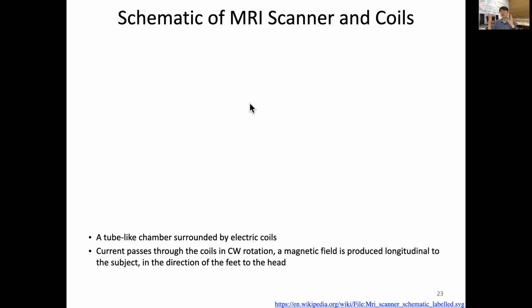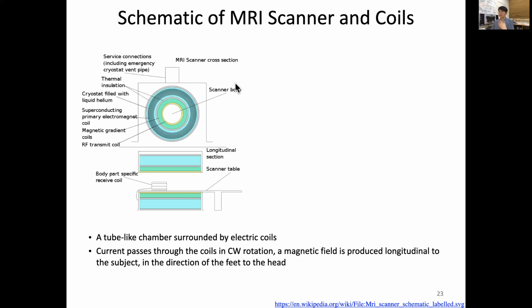For that, we need an RF coil. So I put here an MRI scanner and coil schematic. It's a little busy, but later you can come back and look at each of these. There's a scanner bore where a human subject can be inside, and there's insulation, and this is a cross section.